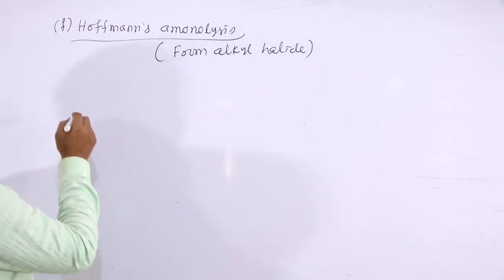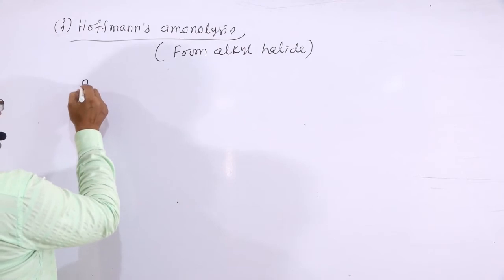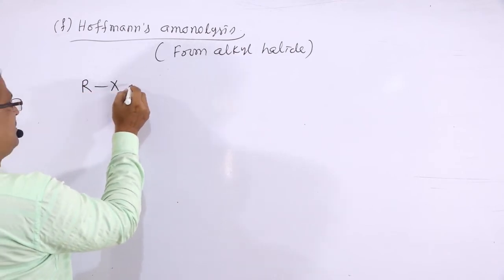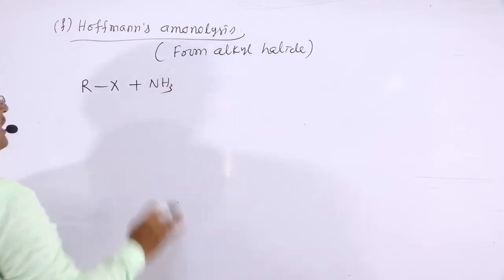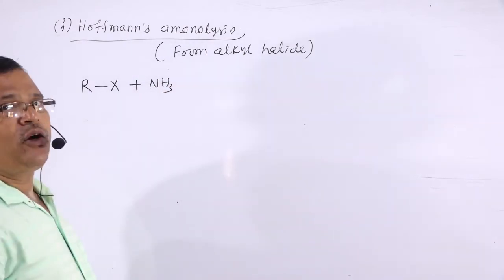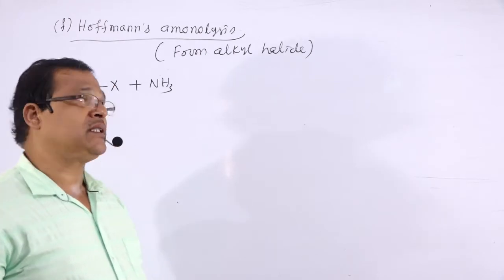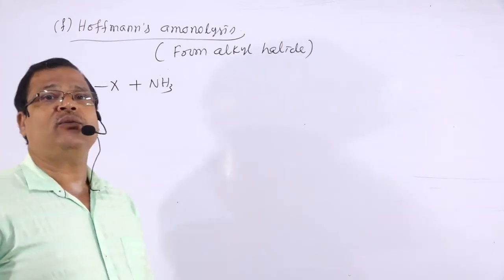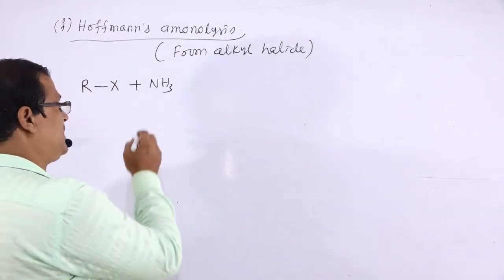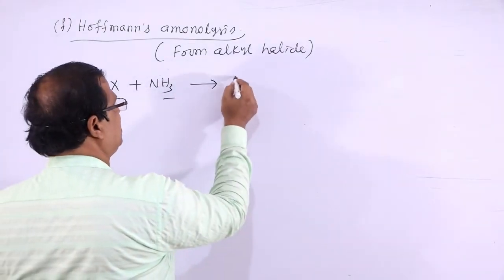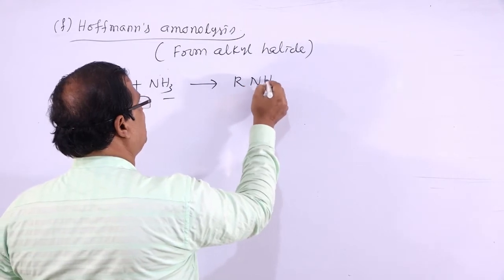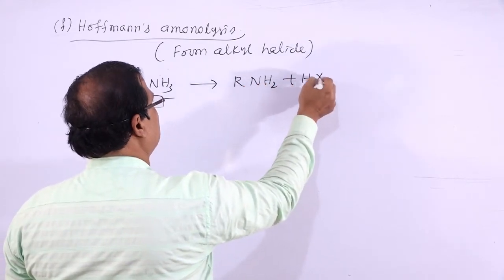When alkyl halide, having the general formula RX, is treated with ammonia, in Hofmann's ammonolysis alkyl halide reacts with ammonia, the H part and X part leaving as HX, so that RNH2 plus HX is formed.